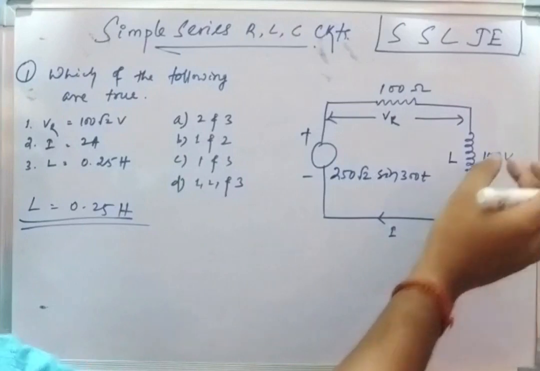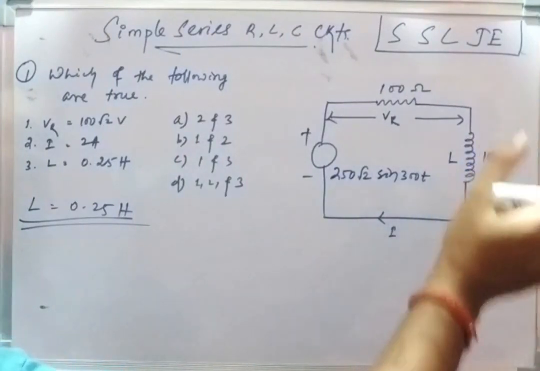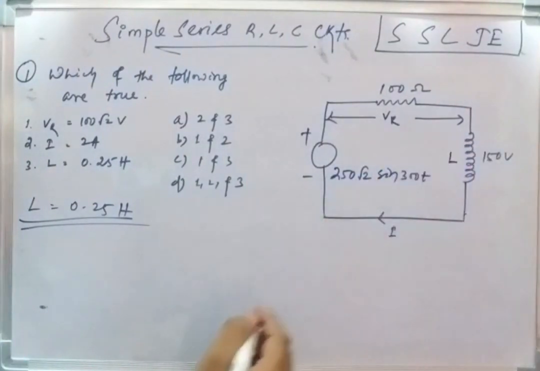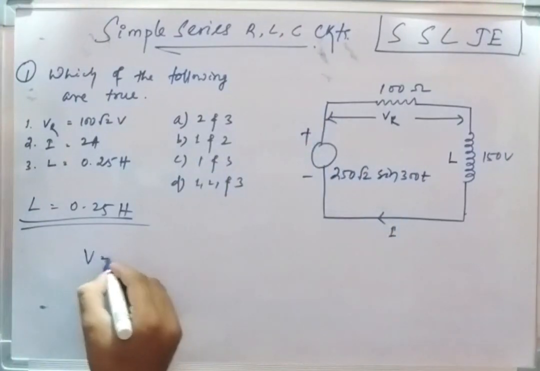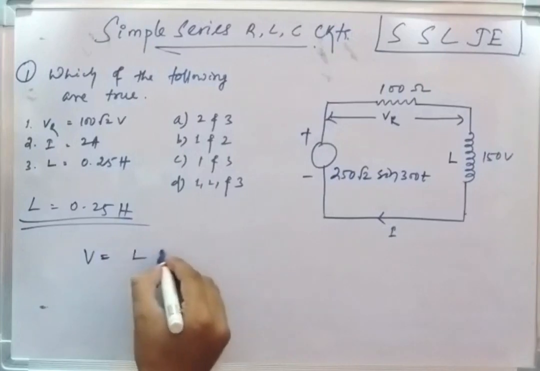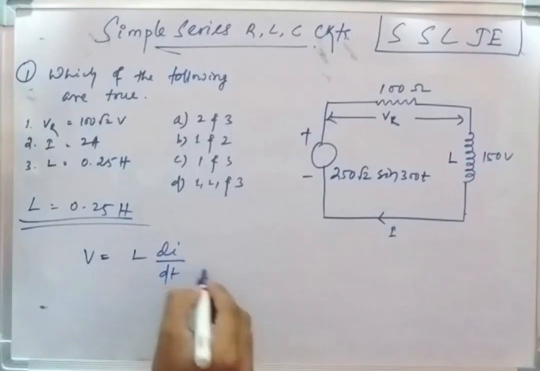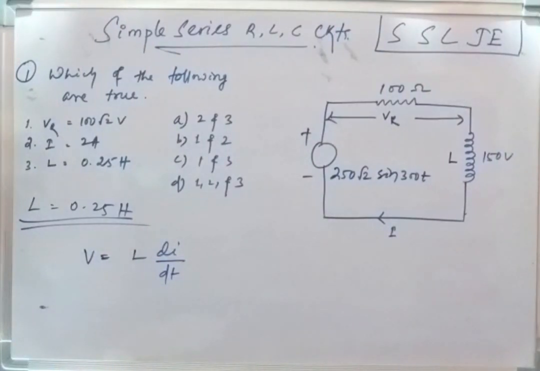So here the voltage across the inductor is given, that is 150 volt, and for an inductor we know V equals L di by dt. Or you can do one more thing.